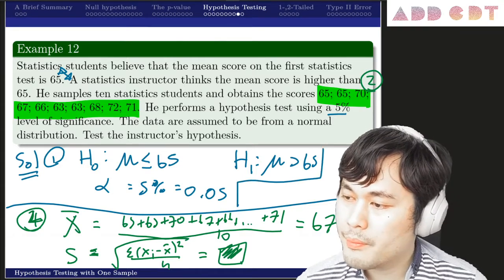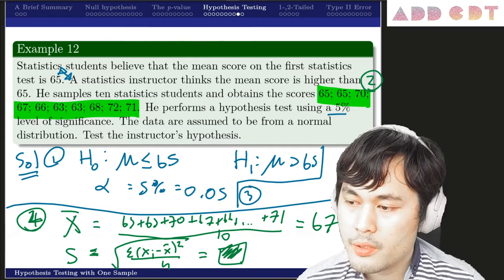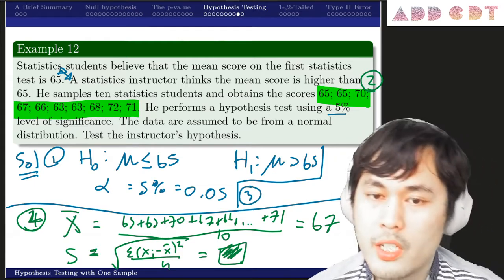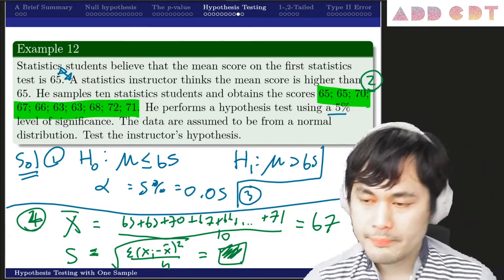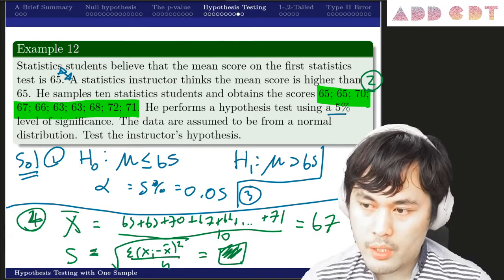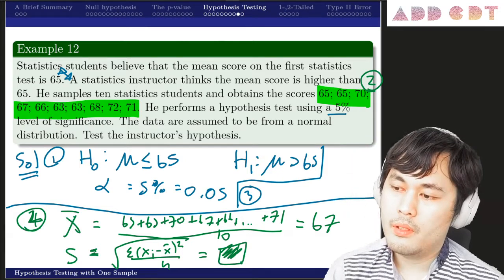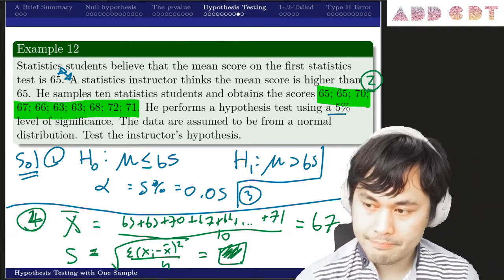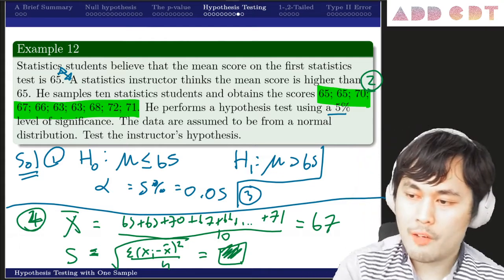But then we are missing step 3 here, which is to determine what kind of distribution we are working on. Since this is mu, it is usually the normal distribution, by the law of large numbers.